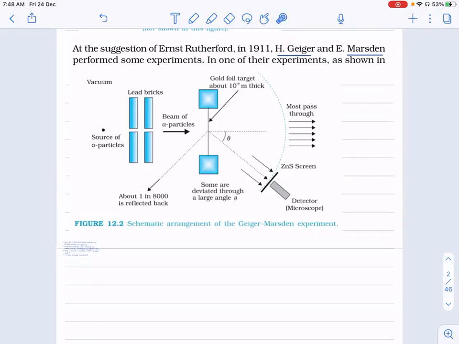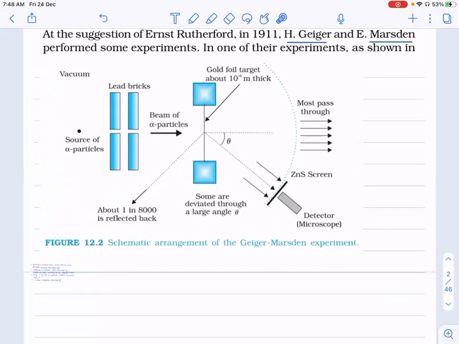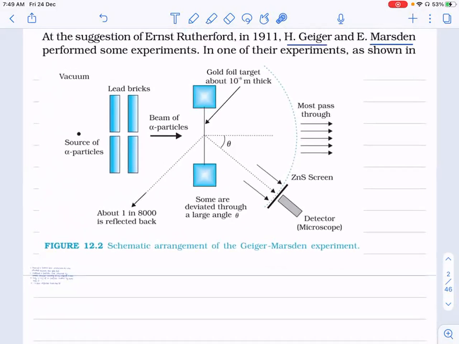It was like this. यहाँ से अल्फा पार्टिकल प्रोजेक्ट किया, ये थिन गोल्ड फॉइल, thickness 6 × 10⁻⁸, very thin, and what they found, most of the alpha particles went undeviated, and this is a zinc sulfide screen that is for detection of the alpha particle. तो different angles पे उन्होंने देखा उसको, ये theta is the angle of scattering. 1 in 8,000 bounce back also, more than 90 degree.